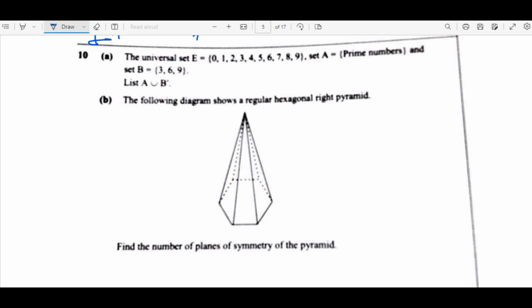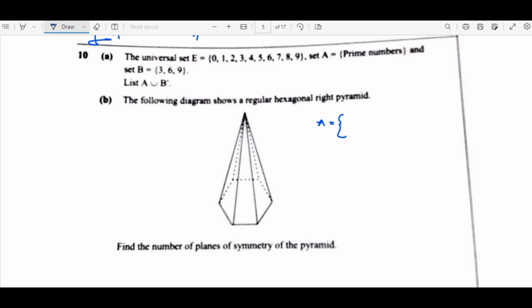So we have A, prime numbers. Now what are prime numbers? That is the first thing that should come to your mind. Prime numbers are numbers that are divisible only by 1 and themselves, without any remainder.